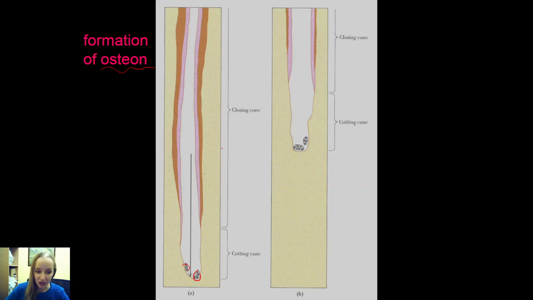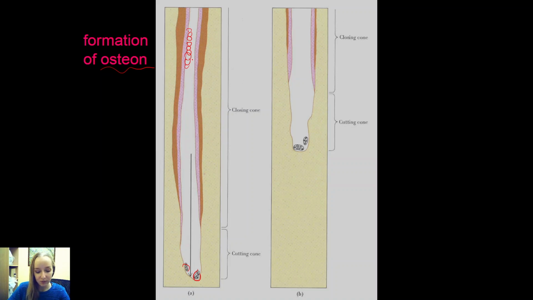So they form the channel, and then osteoblasts start to migrate here, produce bone mass, and produce lamellae. There are many generations of osteoblasts, and they line the canal and begin to form the intercellular mass.